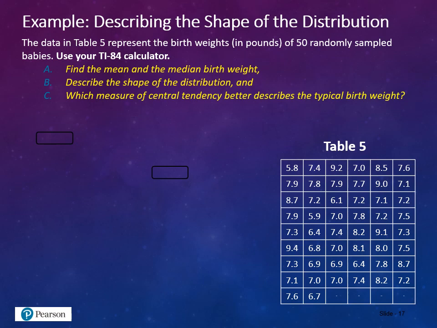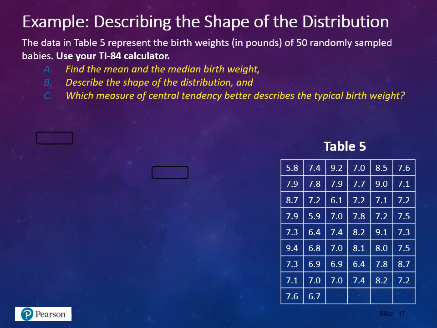Now let's look at our next example describing the shape of the distribution. The data in Table 5, down to the bottom right, represents the birth weight in pounds of 50 randomly sampled babies. Use your TI-84 calculator to do this problem. A, find the mean and median birth weight.